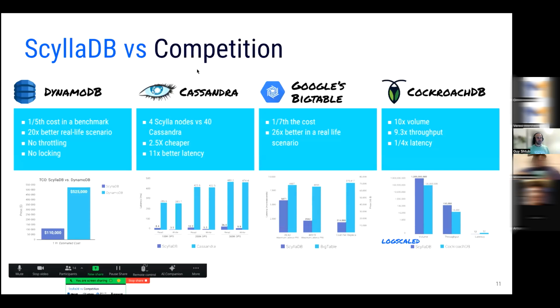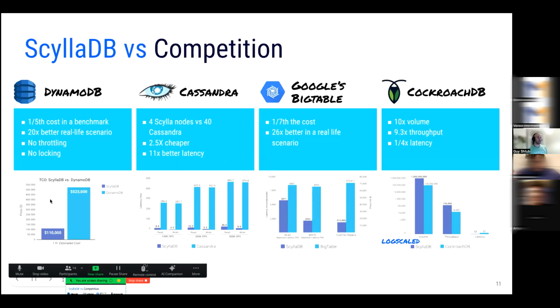Okay, so again, this is a bit out of scope, but just at a very high level, I mentioned better performance. So these are some examples from users that migrated from DynamoDB or Cassandra or Google Bigtable or CockroachDB, and a benchmark of the performance they achieved when migrating to ScyllaDB.